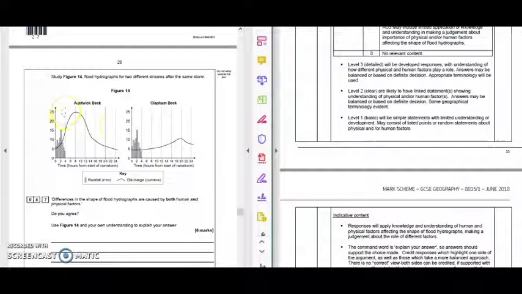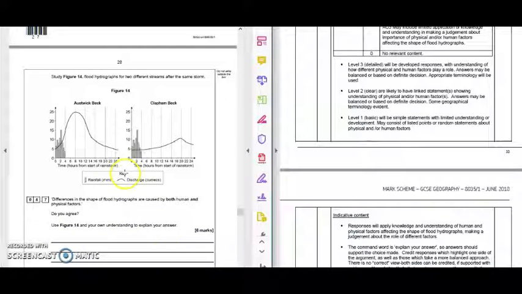Maybe at Oswick Beck there is more deforestation, which means the water ran into the river a lot quicker. But again, we've got to use a little bit of our own understanding as well. So try and link this one to Boscastle and say, well, all the things that happened at Boscastle, the steep slopes, the high drainage density, the fact that there were loads of rivers in a small area, would contribute to a flood, which are both human and physical factors.